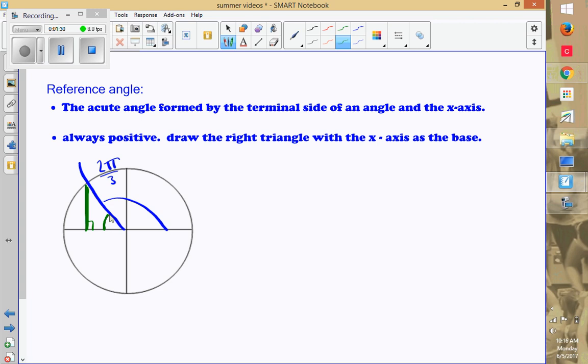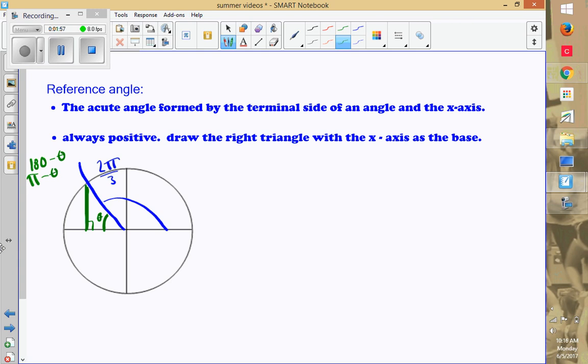And so our reference angle is actually going to be the angle that we have in there. What you have to understand is in the second quadrant, the reference angle is the supplement of our first angle. So it's basically either 180 minus the angle that you have initially to draw, or pi minus the angle, depending on if you're in degrees or radians.